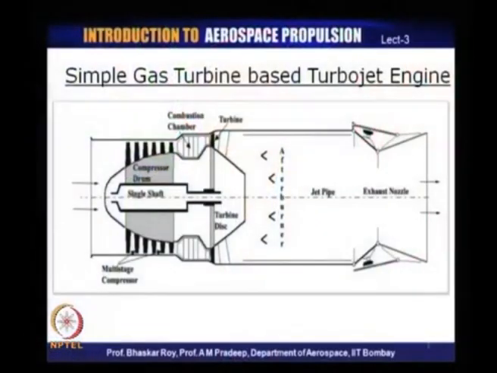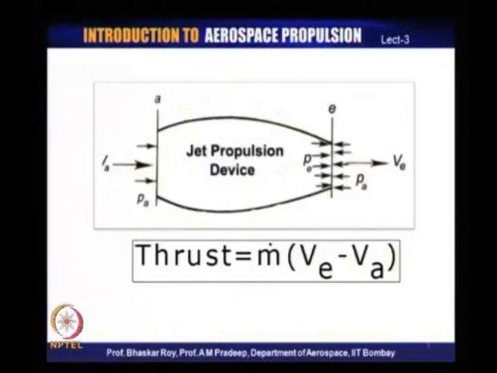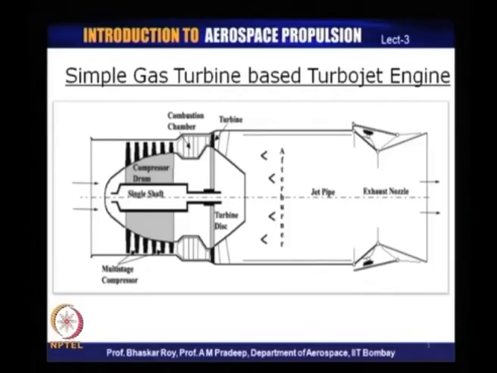Let us look at a real propulsive device. What we had just looked at is an ideal concept of a propulsive device. If we look at a real propulsive device, or more specifically a gas turbine based turbojet engine, we have a number of components here.